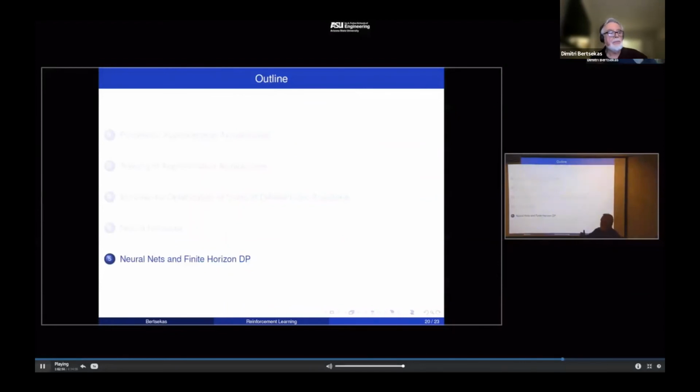Well, we can do it step by step by using a neural network for each stage, generate data using the preceding neural network, and then build a neural network for the current stage, and then use data from that neural network to go one stage back, and so on.